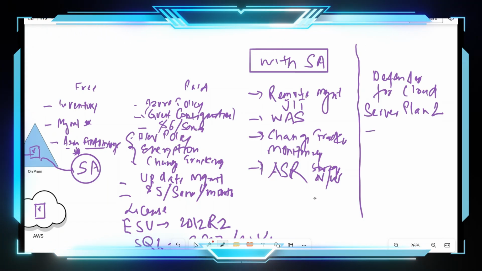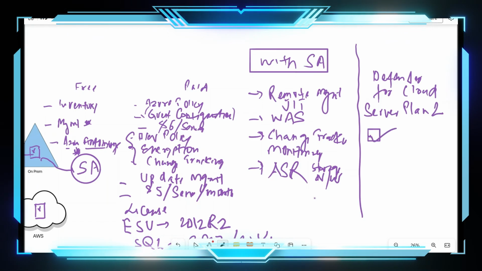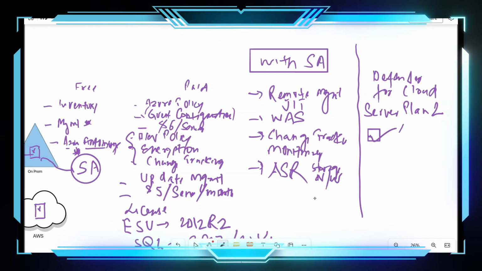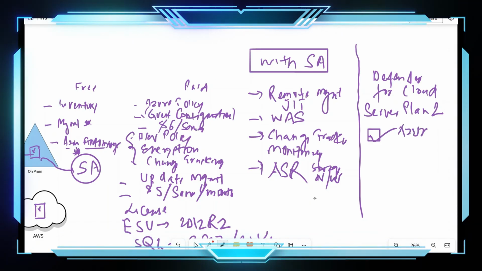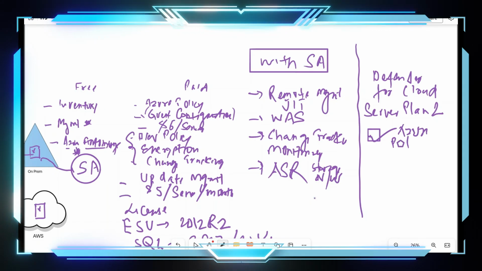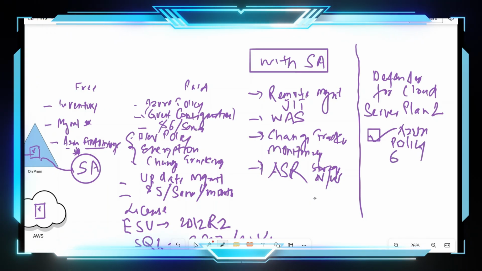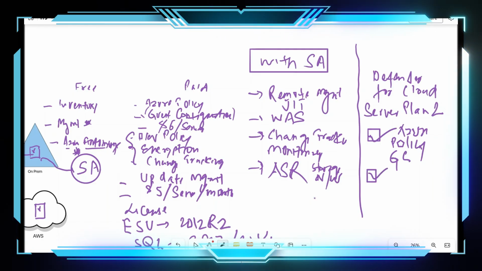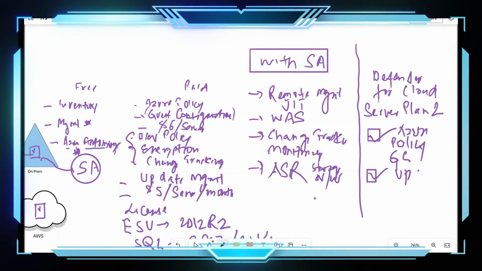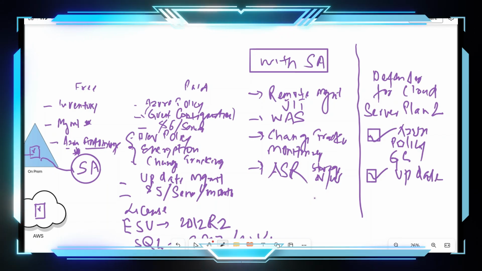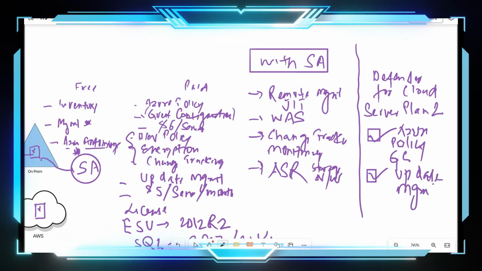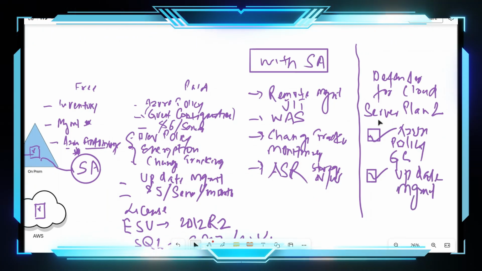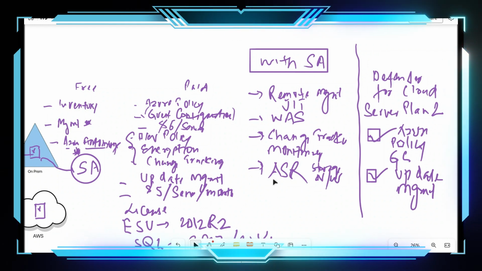In case that's the case, you don't need to pay for Azure Policy Guest Configuration. That's part of that. And also, Update Management is also included for you with Defender for Cloud Server Plan 2, right?